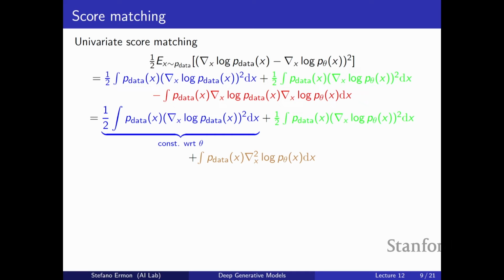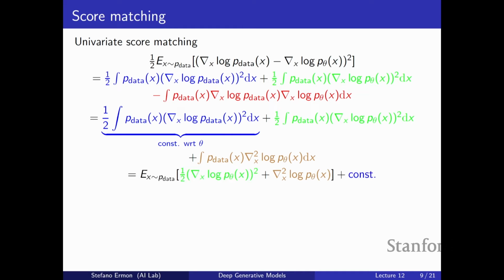We have the first term, which is constant with respect to theta, so we can ignore it. We have an expectation with respect to p data of the derivative squared, and then we have an expectation with respect to p data of the second derivative of the log likelihood.